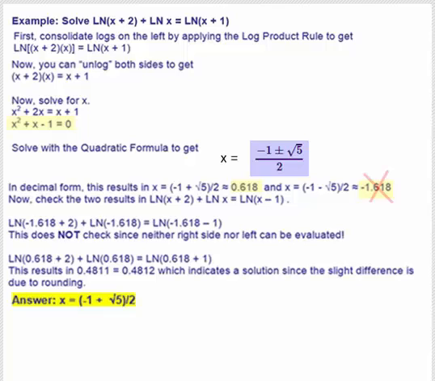But the positive answer does work when we plug it into our log formula that we started with. ln of 0.618 plus 2 plus ln of 0.618 does equal ln of 0.618 plus 1. We get very close. 0.4811 equals 0.4812. Close enough. So we do keep the answer of -1 plus the square root of 5 over 2.